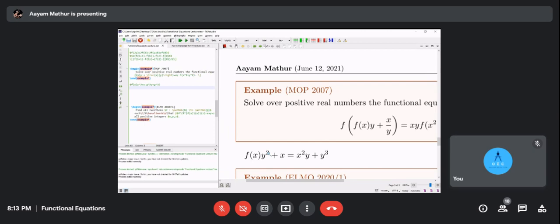And so basically, if you just consider this as a cubic polynomial in y, then you see that by intermediate value theorem, or however you want to call it, this has a real solution and a positive one.